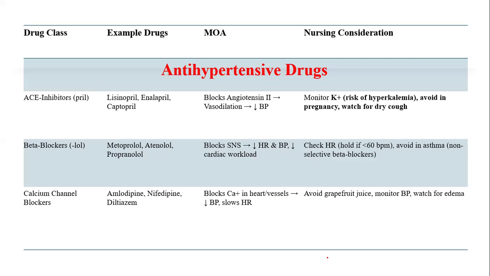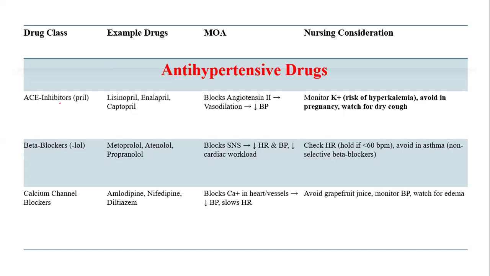So the first class is antihypertensive drugs. In antihypertensive drugs, there are different drugs including ACE inhibitors, beta blockers, and calcium channel blockers. What are their mechanisms of action and what are the example drugs?